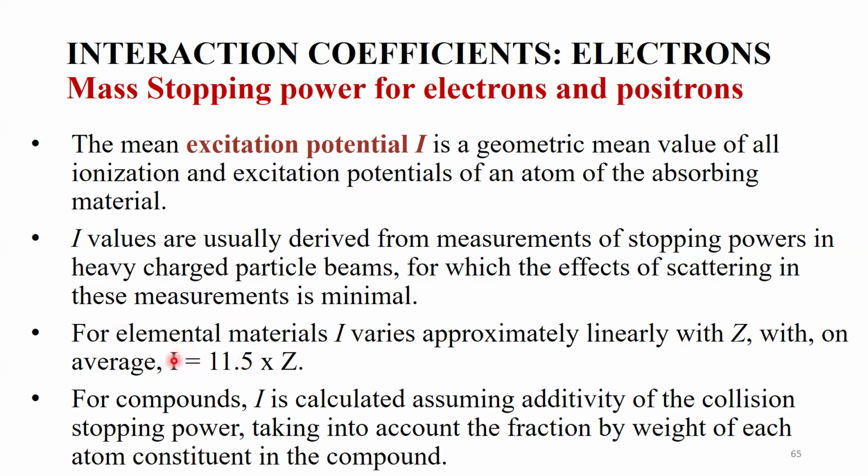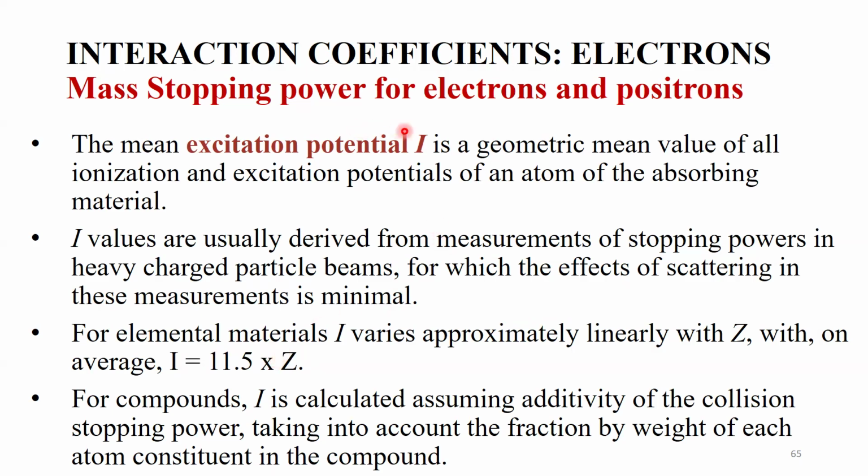Whereas if I have lower I values, this corresponds to materials with low atomic numbers, like hydrogen or carbon, where the electrons and positrons undergo fewer ionization and excitation interactions, and this will result in lower stopping powers.